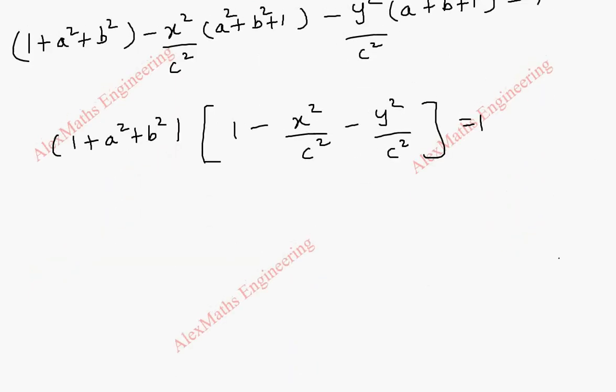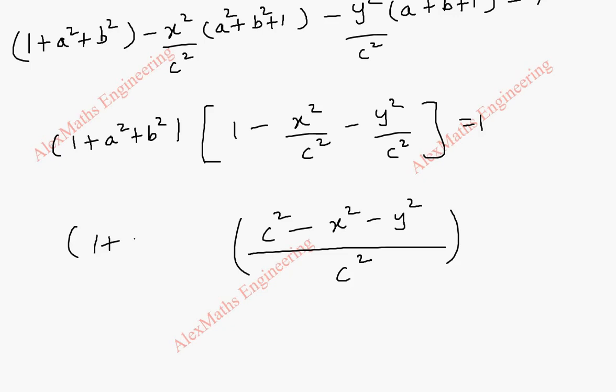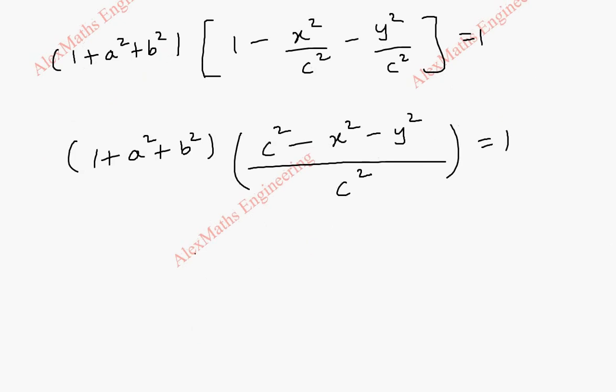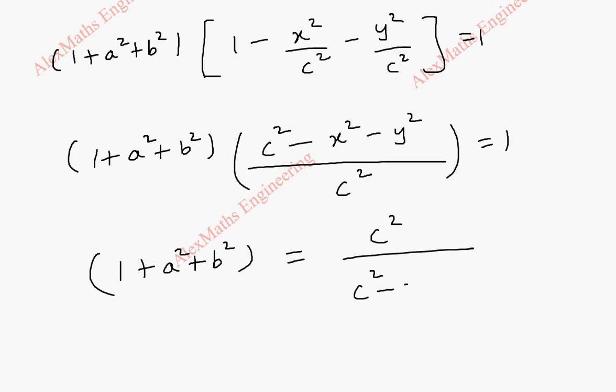Now totally, by taking LCM, which is c square, we get c square minus x square minus y square, and here we have 1 plus a square plus b square equal to 1. So from this we got 1 plus a square plus b square value as c square by c square minus x square minus y square.